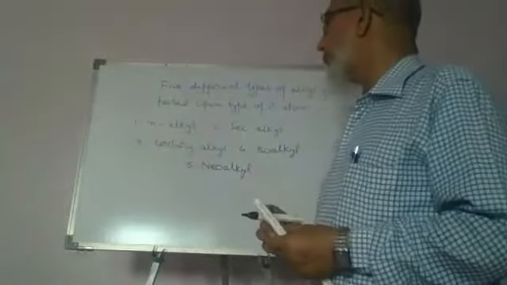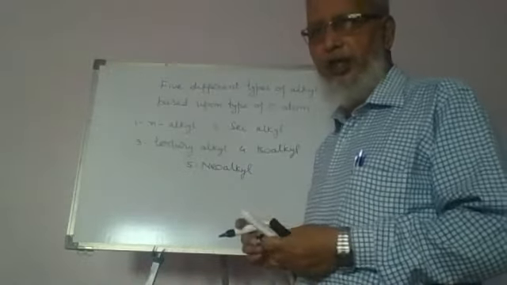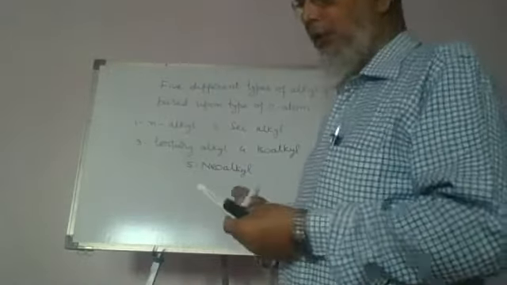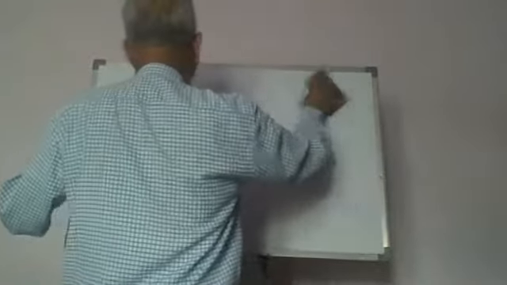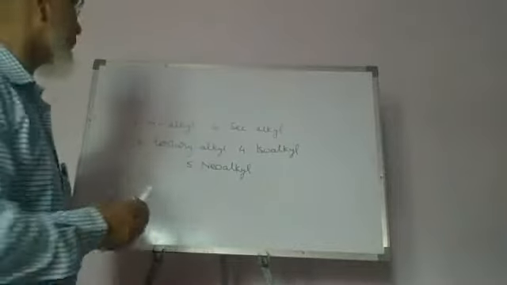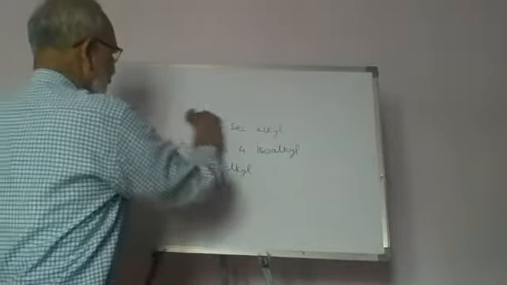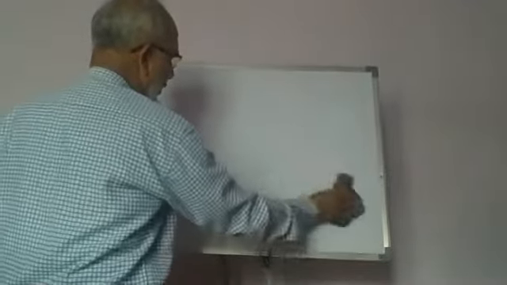These are five different types of alkyl groups based upon the nature of the carbon atom from which hydrogen has been removed from the alkane. So first of all, we shall take an alkyl group. As you know, an N-alkane contains only primary and secondary carbon atoms.